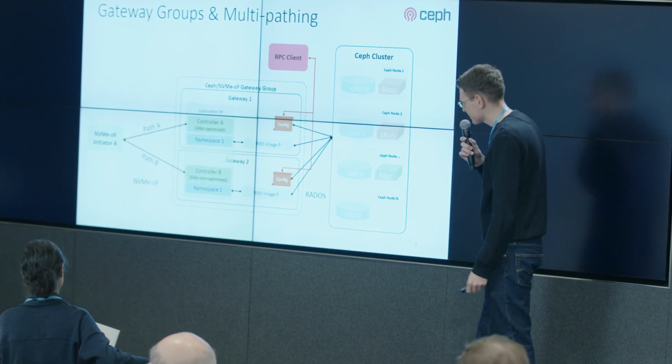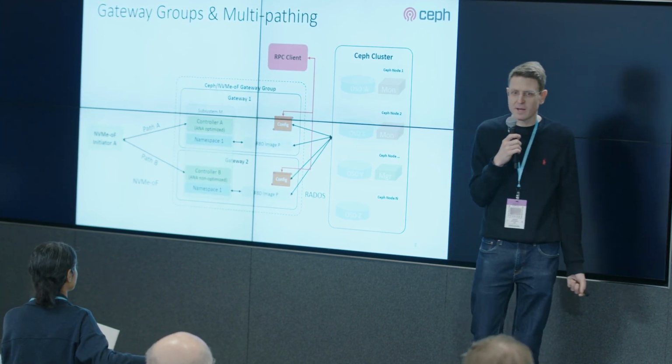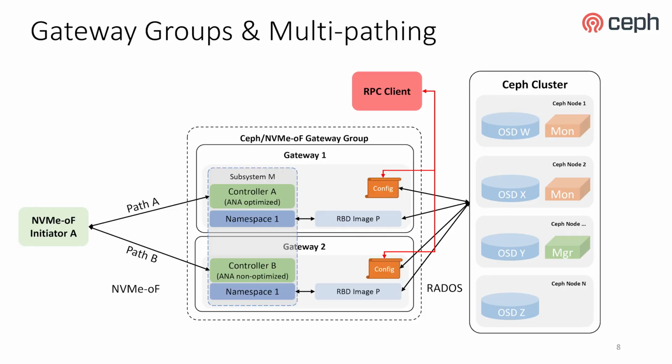As I said before, the way NVMe-over-Fabrics is designed is a point-to-point protocol, right? It doesn't support a distributed storage system in the back. It assumes the path you connect to has all the storage information, all the data behind it. So if you do I/O against it, all the data is behind that.